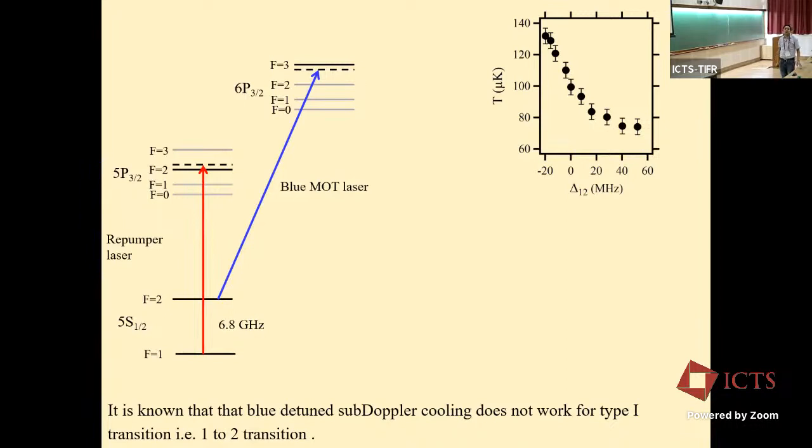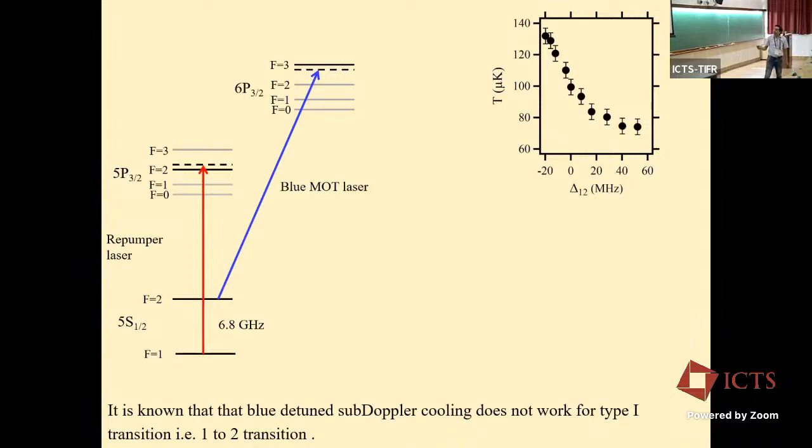Type 1 again, and it is said that blue detuning will not work. But see, here this is repumping, but it is also cooling. That's what I'm saying. This is an open transition. A lot of atoms are here. So it is basically helping us to reduce the temperature.